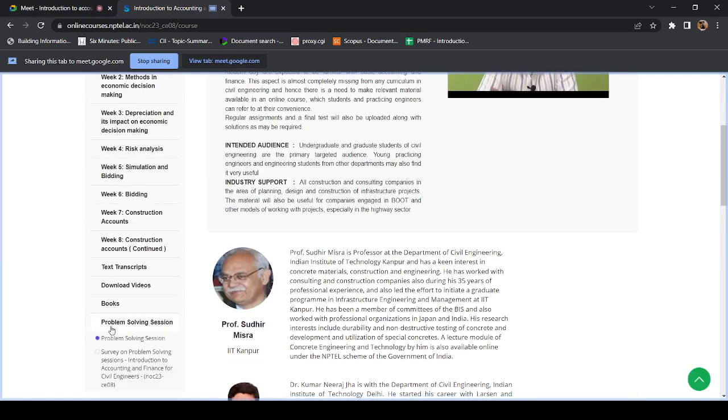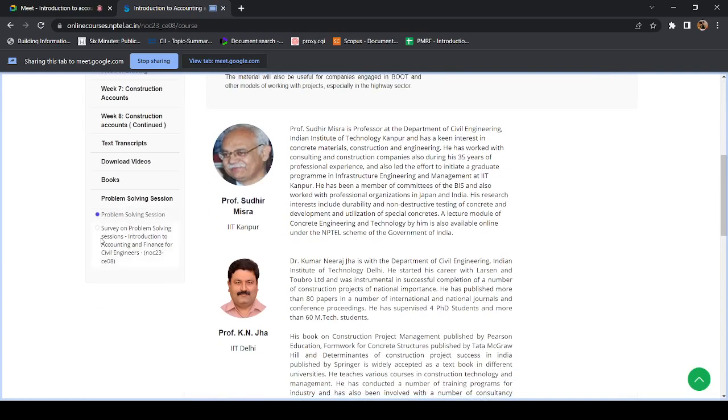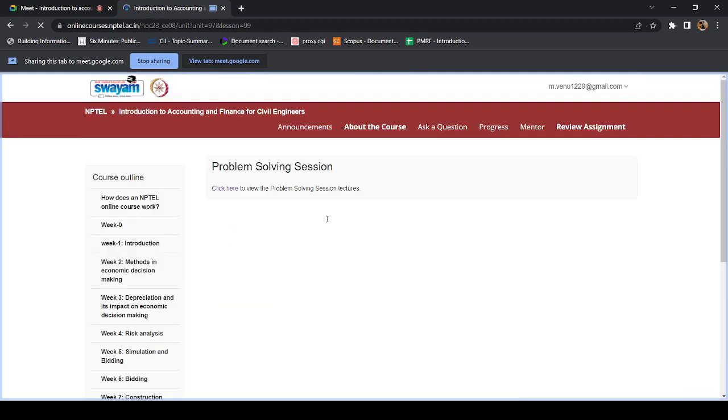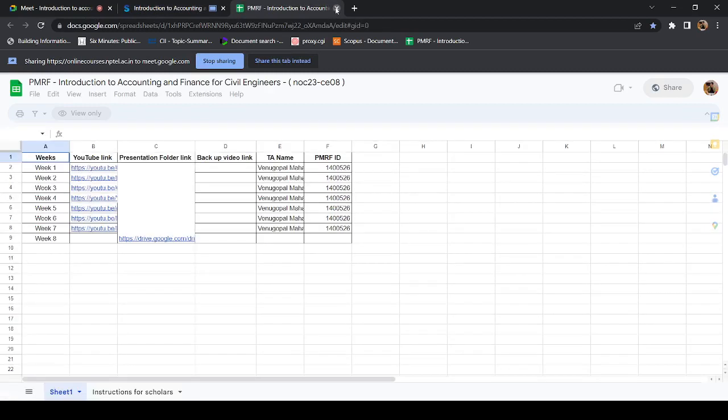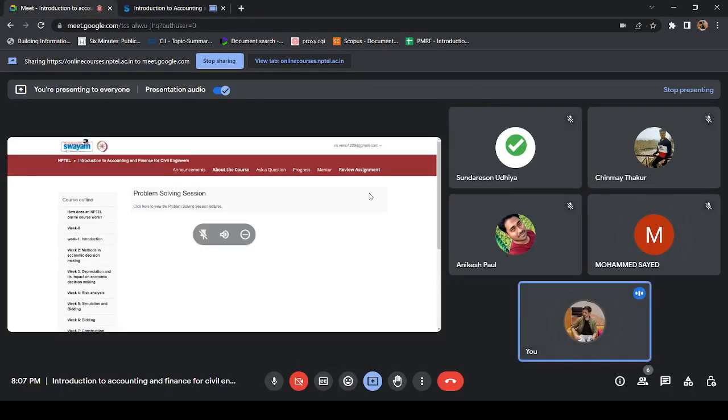Yeah, so there is this problem solving session. This will bring you to the spreadsheet with all the links and material.